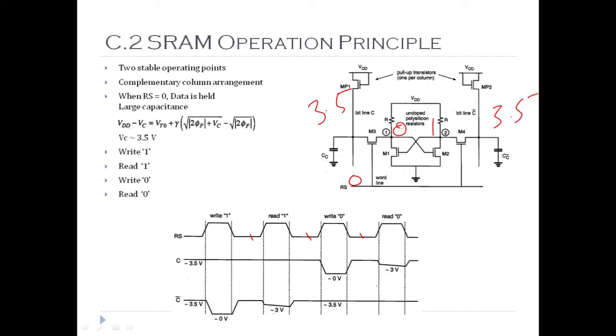This is the situation when the cell is not accessed and is in standby mode. So when RS becomes 1, let's see what will happen in the circuit. When RS is 1, this is on, this is on. We are saying that 0 is stored in this and 1 is stored in this, so this is on and this is off, right? And the voltage at both these bit lines was 3.5.